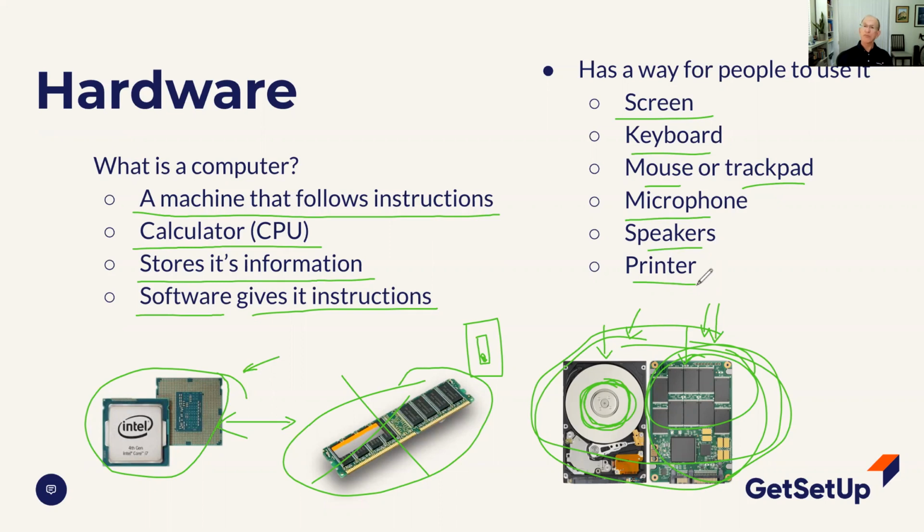Things that attach to your computer are typically called peripherals, because it's peripheral to the, let me see if I can spell this. Peripheral, right? Peripheral is just another word for something that's attached to a computer. And our computers have connectors that usually allow us to connect things to them.